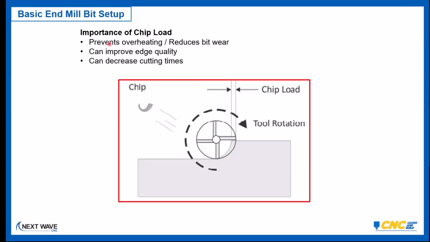But one of the most prevalent things you'll see up here that I've highlighted is preventing overheating. Router bits, if you're using carbide tip router bits, the carbide is a crystal structure that's held in place with a bonding agent. Think of it like a glue that holds the carbide crystals together.